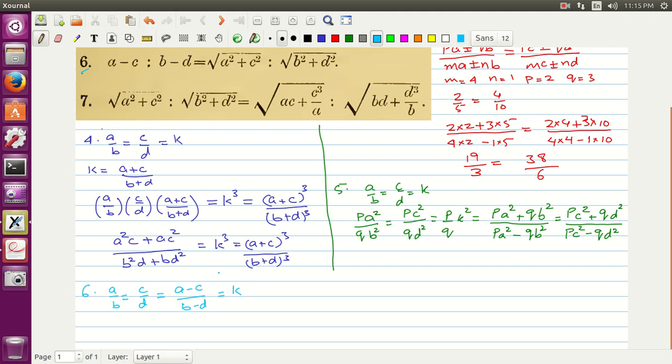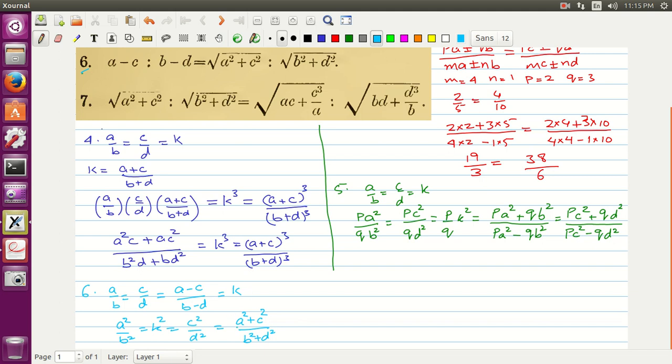Now let us say what will be the value of A square by B square. This will be equal to k square. This will also be equal to C square by D square. This will also be equal to A square plus C square by B square plus D square. So what will be the value of k?